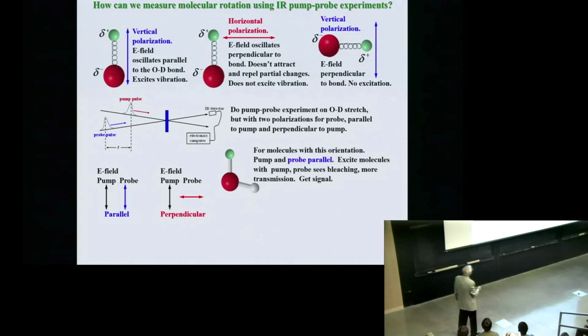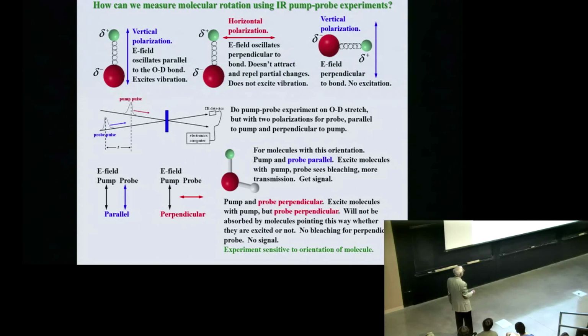Okay, so for molecules with this orientation, the pump will excite it, and the parallel probe will know it's excited because more probe light will go through. But if I excite this thing with the pump and I put the probe this way, then it doesn't care that I've excited this, because this wasn't going to be absorbed by molecules that are pointing that way anyway.